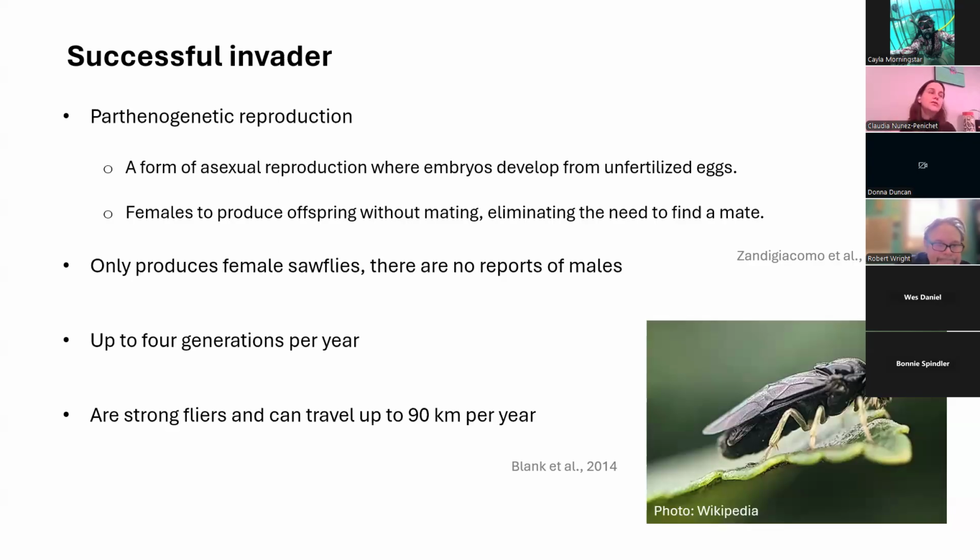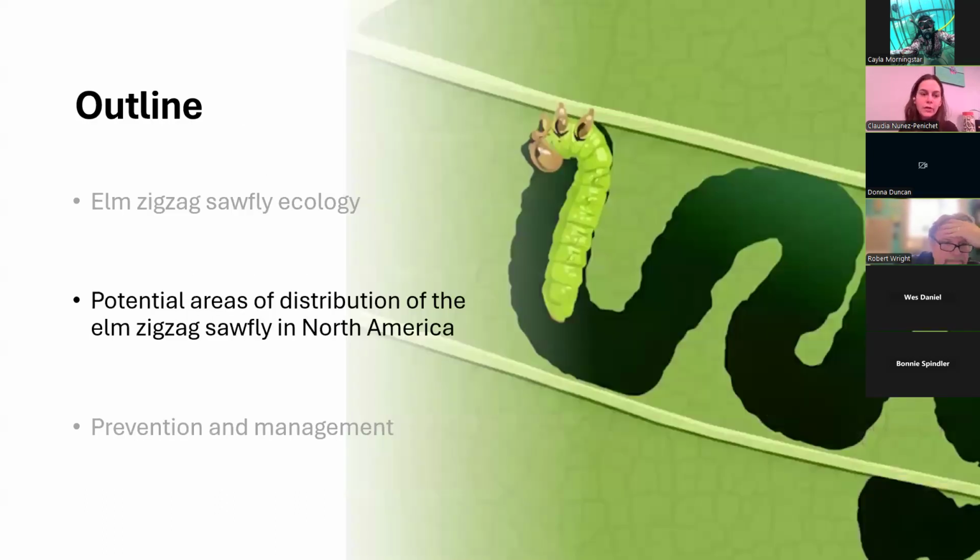So taking into consideration all these factors that I just mentioned, when we first found out about the introduction of this species in North America, the detection in Quebec, and how it has been spreading across the landscape in North America, we wanted to have an idea of which areas were suitable for the establishment of this species in this new invaded region.